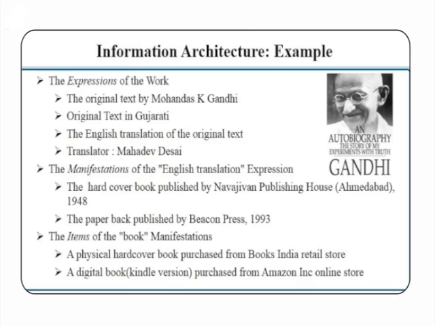Again, the manifestation of the English translation expression can be the hardcover book published by Navjivan Publishing House, Ahmedabad in 1948, or the paperback published by Beacon Press in 1993. The item of book manifestation can be a physical hardcover book purchased from Books India retail store, a digital book, or a Kindle version purchased from Amazon Inc. online store.